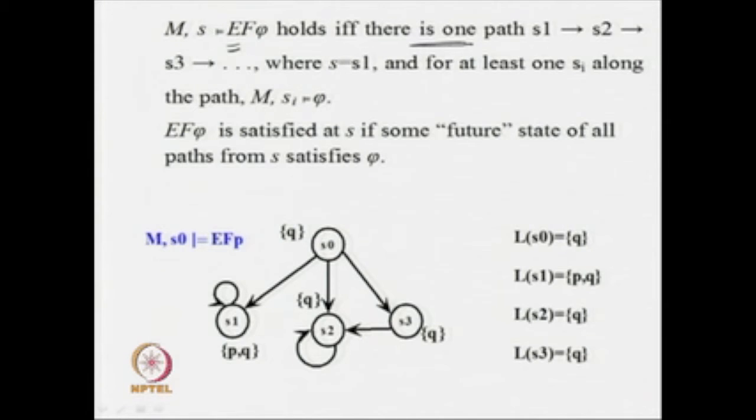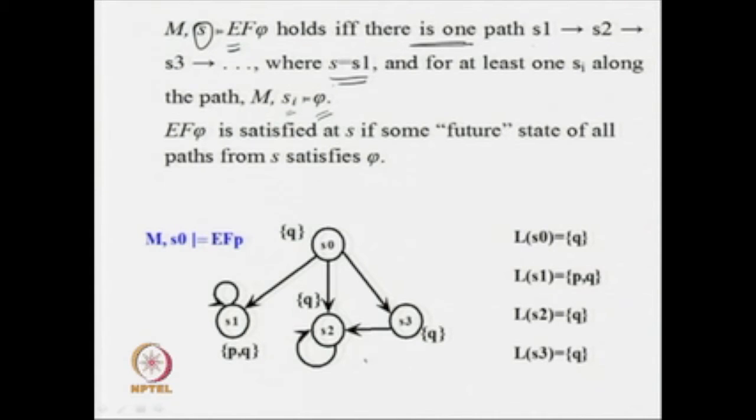So, we look at any one path going from S1 to S2, S2 to S3, where S equals S1, that means the starting state of the path is the state of our concern S, and for at least one Si along that path, M, Si models phi. That means phi holds in some state Si along that particular path. In that case, we say that EF phi holds in that state.